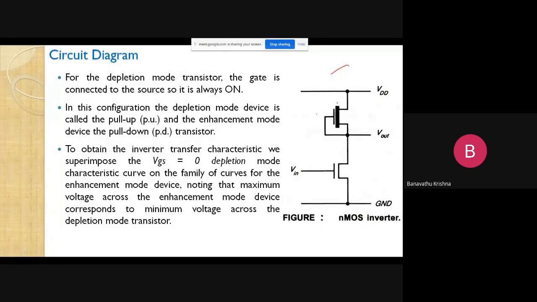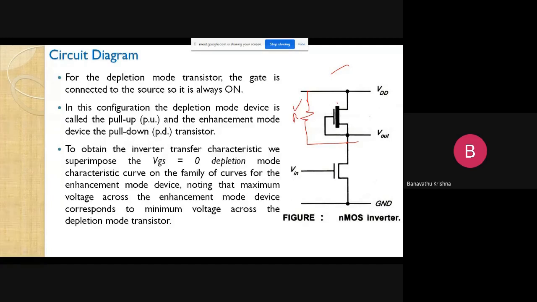But instead of this, generally one can use a resistor here, like this. In this case it also performs the inverter operation, but in the chip designing process and fabrication technique, it occupies a very large area.